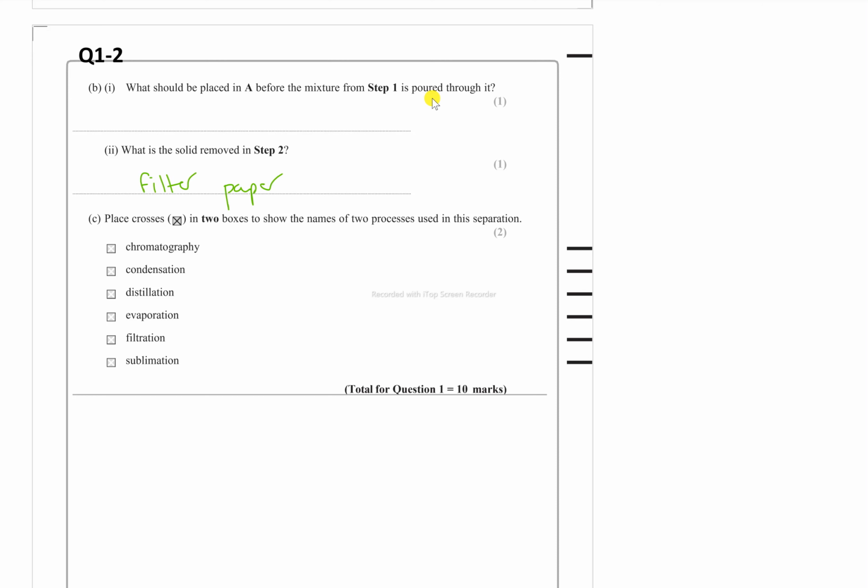Place crosses in 2 boxes that show the name of the 2 processes used in this separation. Definitely not chromatography. Definitely not condensation. Definitely not distillation.